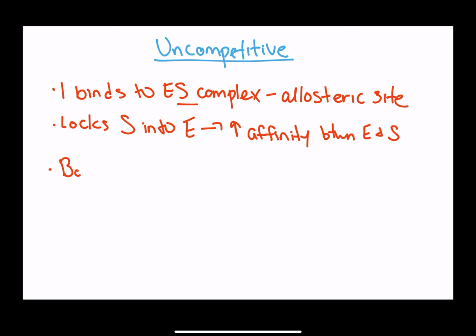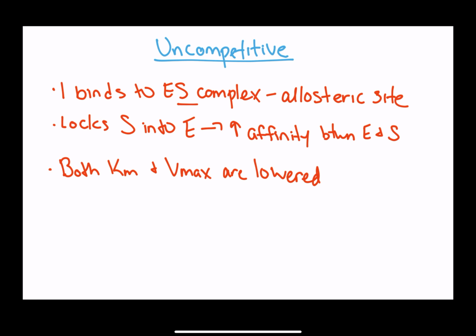So in this type of inhibition, both the Km and the Vmax are lowered. And this is because the enzyme substrate inhibitor complex, so the inhibitor being bound to the ES complex, is more stable than the ES complex.